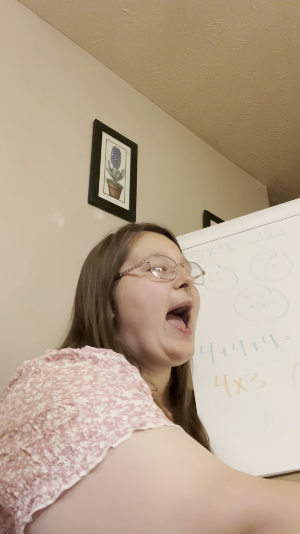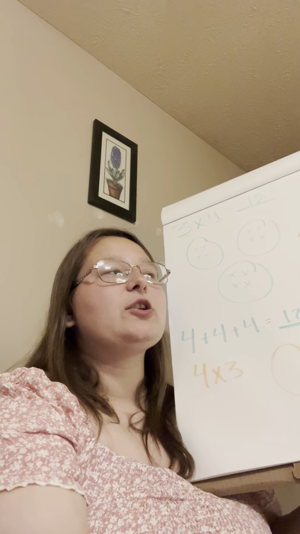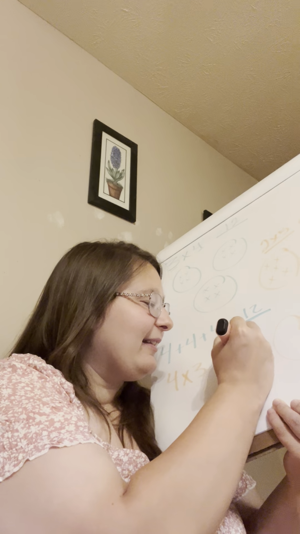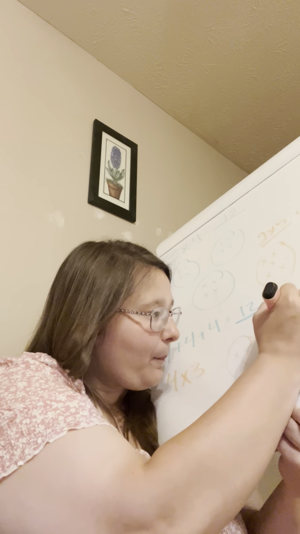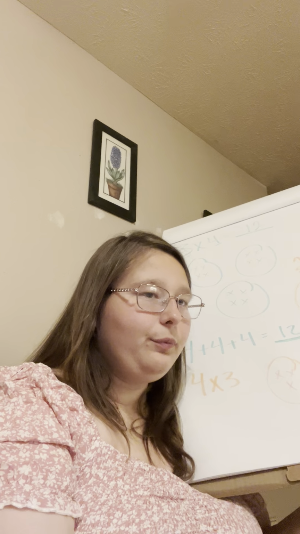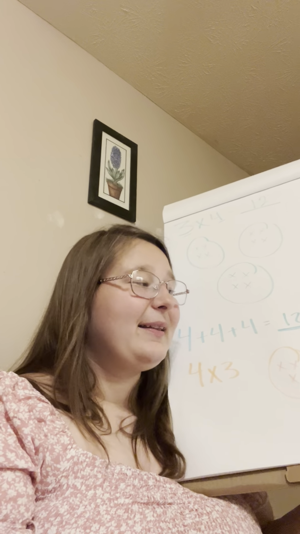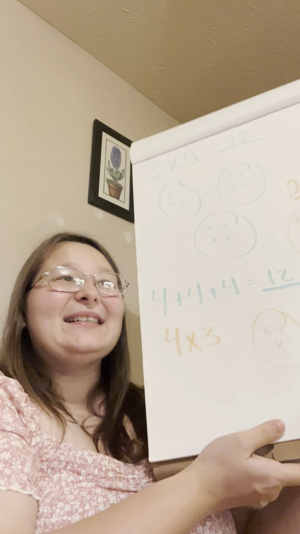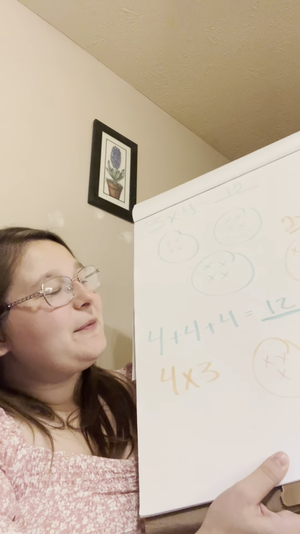And how many beats are in each group? 3. That's right. All right, are we ready to create our rhythm pattern that matches our problem of 4 times 3? So we said we had 4 groups of 3.